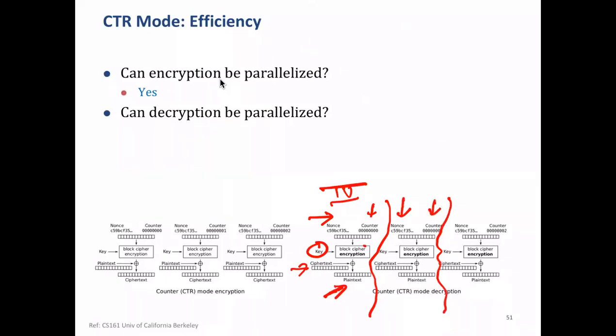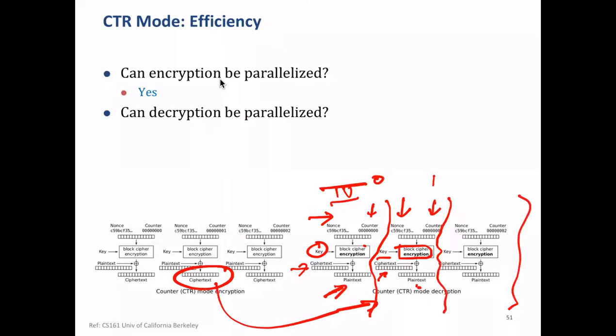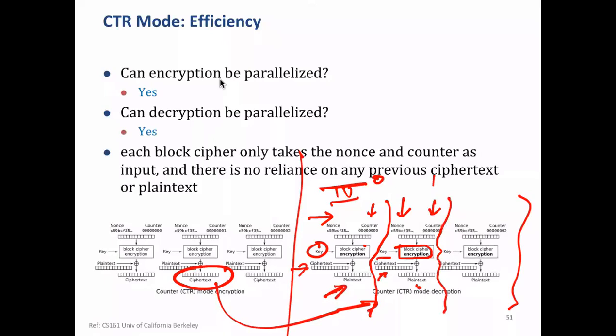The counter he can always find out, by incrementing it, because this part has counter 0, the second part will have counter 1. He knows the key, so he will encrypt. The second part of the ciphertext which has come is available, so he can do exclusive OR and get this one. Similarly the third one. So now the decryption can also be parallelized.